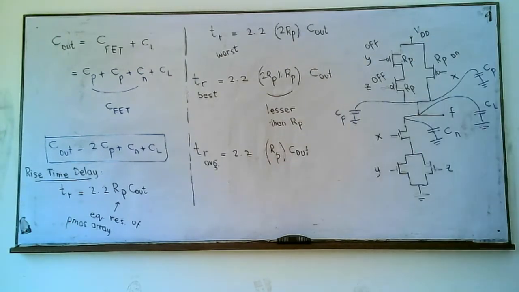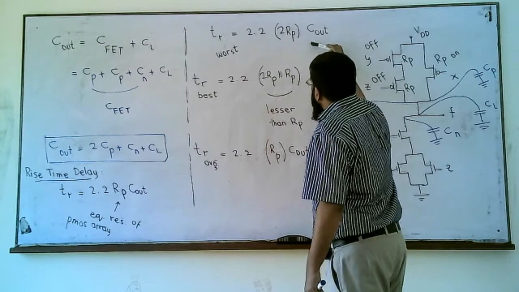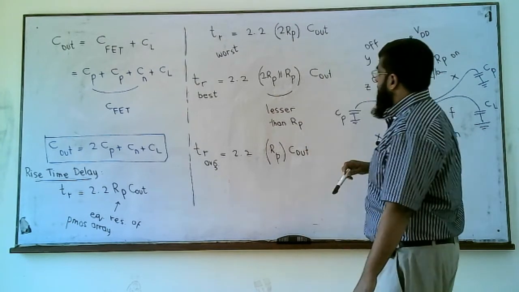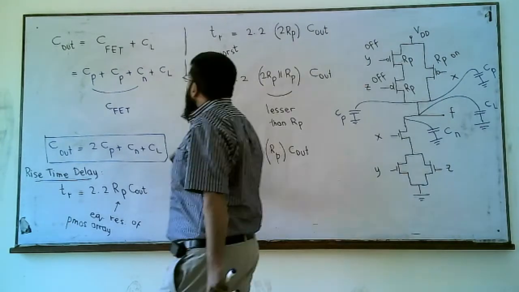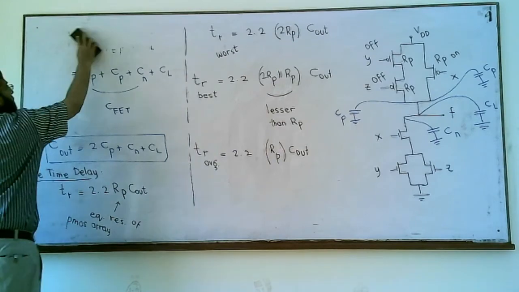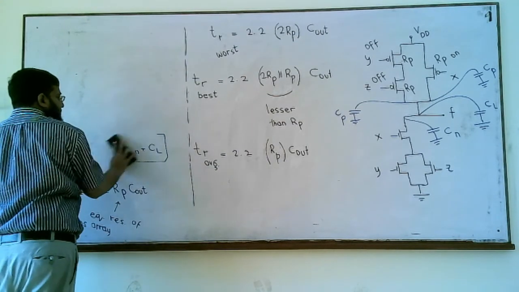That would be the average value of the delay, in between the worst delay and the best delay. Right, and let's look at the fall time delay for this implementation.